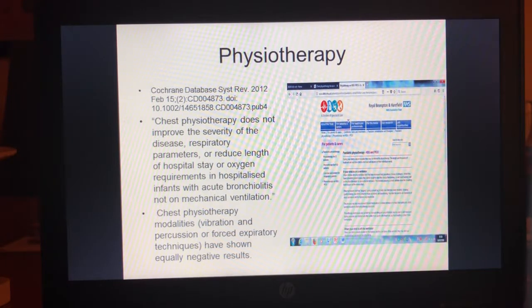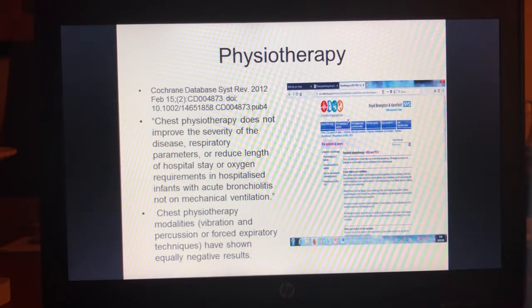Another controversial area was physiotherapy, and you can see on the left-hand side of the slide that a Cochrane database systematic review in 2012 suggested that chest physiotherapy does not appear to have any role in the treatment of children with bronchiolitis who are not on mechanical ventilation, and that's clearly our population.